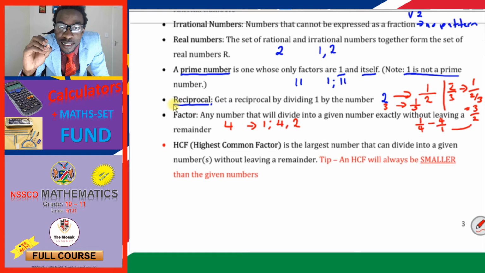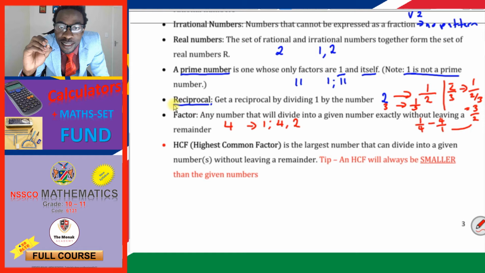And whenever you are writing factors, do not forget to include 1 and also the number itself. In this case, factors of 4, we included 1, 4, and 2. So 1 must be included, the number itself must be included, and any other numbers.